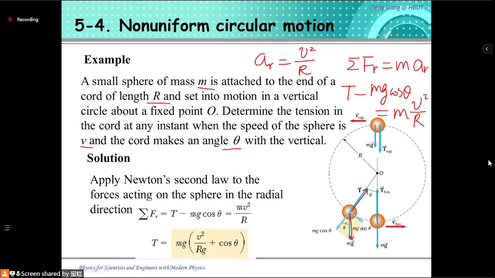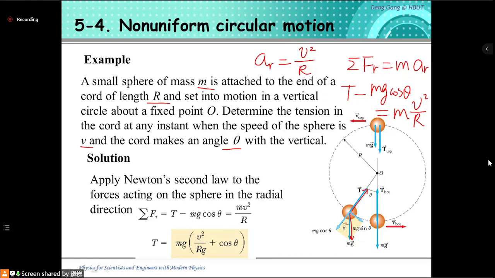And okay, let's check this. When theta is equal to 0, right at the bottom, cosine theta is equal to 1. So T reaches maximum. It has its maximum value here at the bottom.